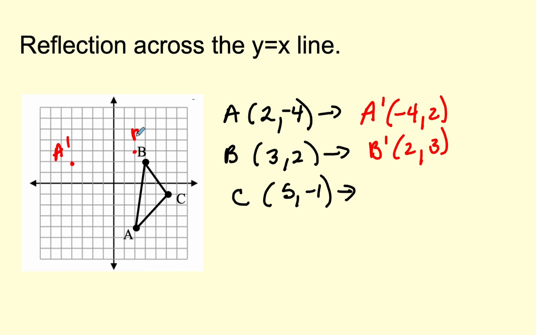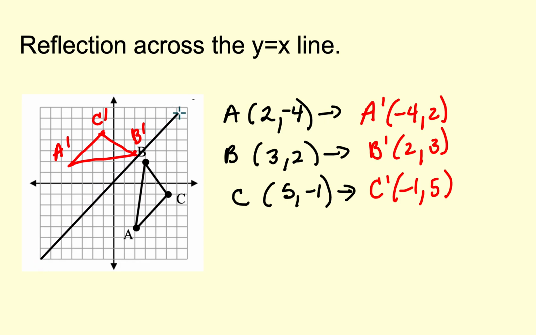That'll be B prime. And C prime will be -1, 5. So it'll be -1, 1, 2, 3, 4, 5, C prime. And so here's what it looks like. And let's go ahead and draw the y equal to x line to see if it looks like a reflection, and it does.